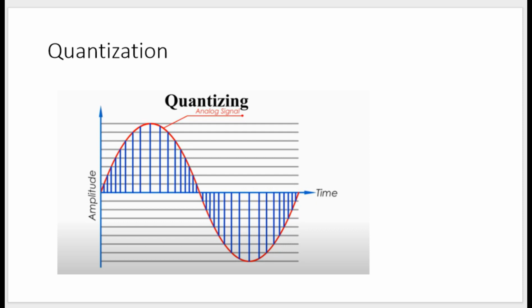The bit depth defines the resolution of the quantization process. For an n-bit quantizer, there are 2 to the power n quantization levels. So for 8-bit depth, that equals 2 to the power 8, so the number of levels is 256.